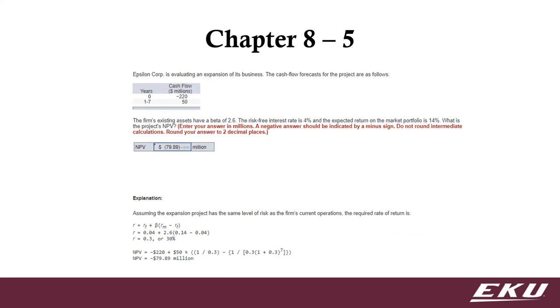Well, the market return is 14%. The risk-free is 4%, right? So I'm looking at an 8% market risk premium. Beta is 2.6, and then I'm going to have to add back that 4%. And so basically with our operations, the required return is going to be 30%.